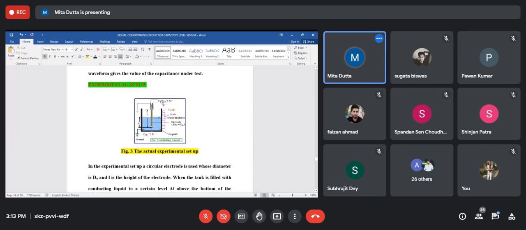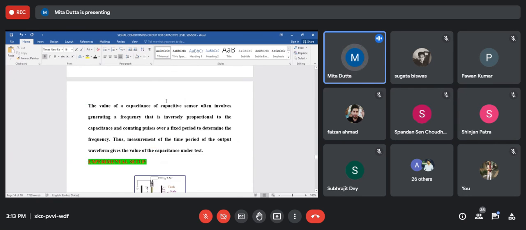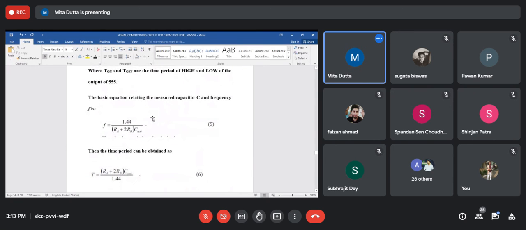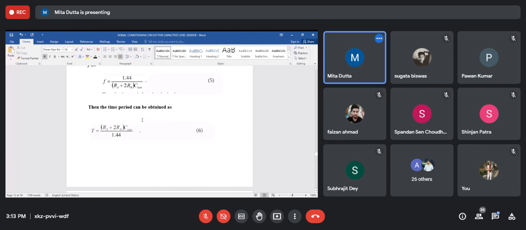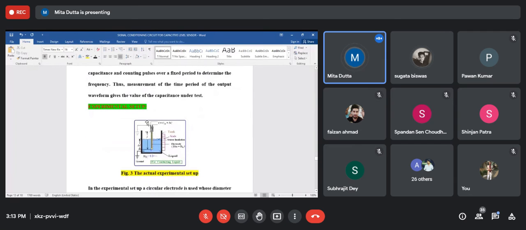And here, this C is equivalent to C test, which is the change in capacitance. Clear? Yes, this C is the capacitive sensor. This C.